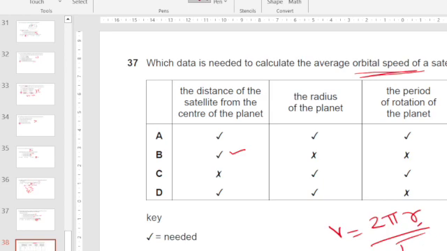So T is required. We don't want the radius of the planet, but we need the radius of the orbit. And the complete time period we need. Option B is the correct option.